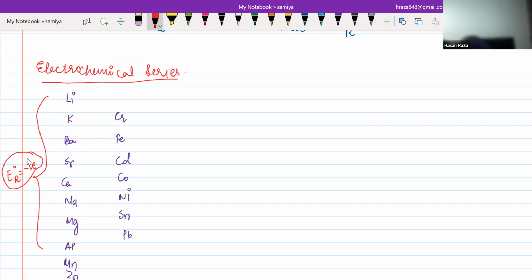And one more thing is that we can easily compare the values and predict which one has more oxidizing power or reducing power. These are all negative. Then hydrogen comes, which has E naught R equal to 0. So if you are going from negative, negative, negative, and then come to 0, then it starts positive.